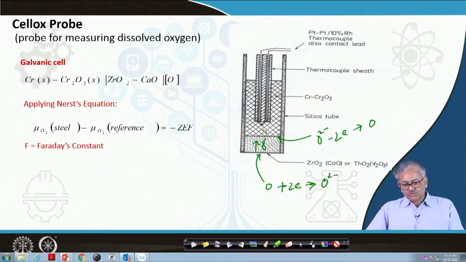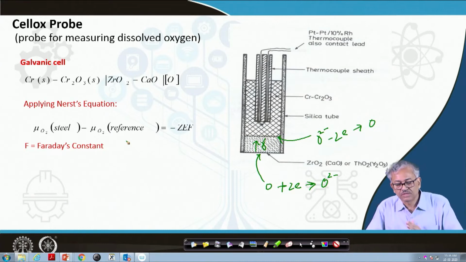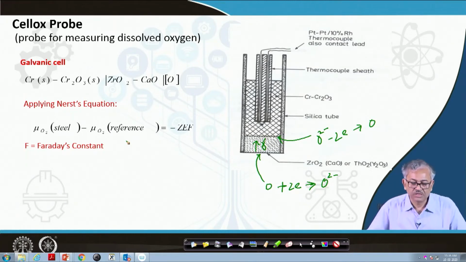This way the two reactions take place, and this movement of oxygen ion will depend on the difference of chemical potential of oxygen in the liquid steel and the chemical potential of oxygen in the reference electrode. This difference will drive the oxygen ion, or you can say drive the electron, through it.